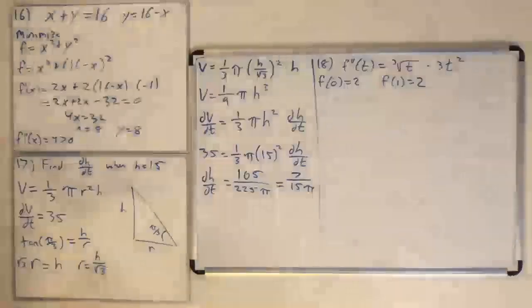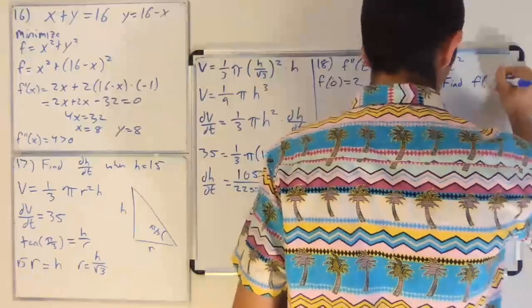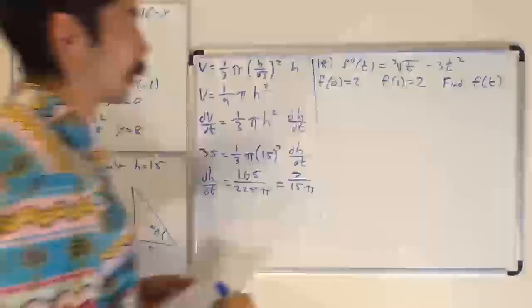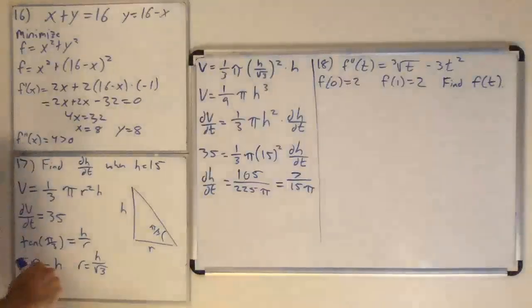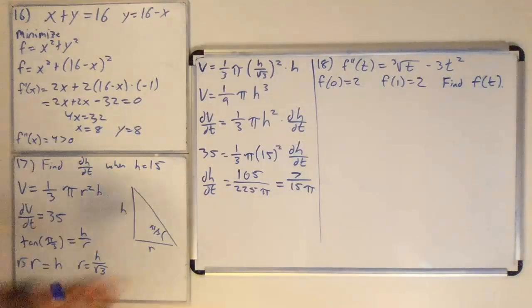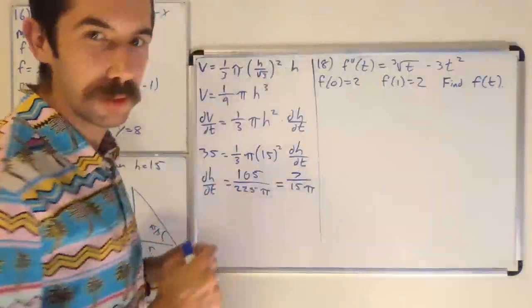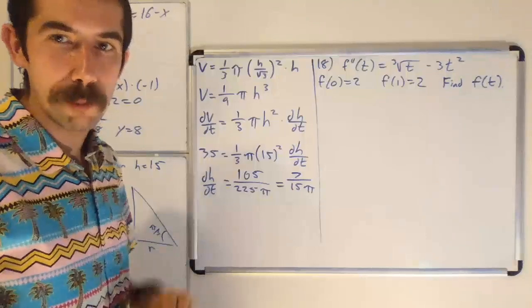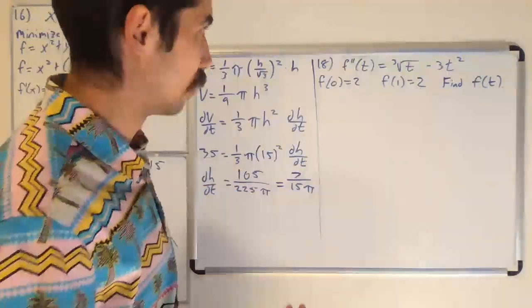We want to find f. Okay, so the way we find f is we'll find the antiderivative of f double prime. We'll find it twice. We'll have some unknowns. We'll use our points to find the values of the unknowns.